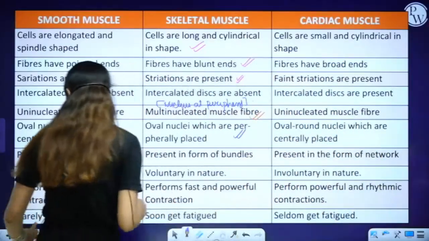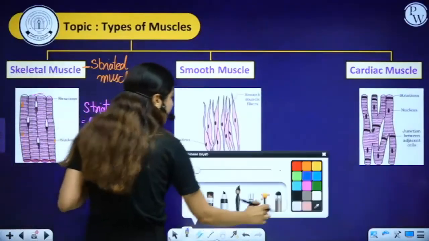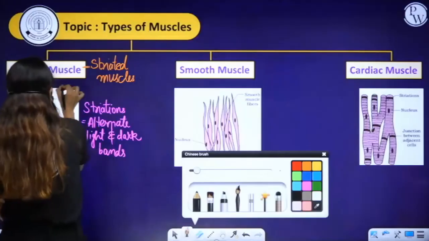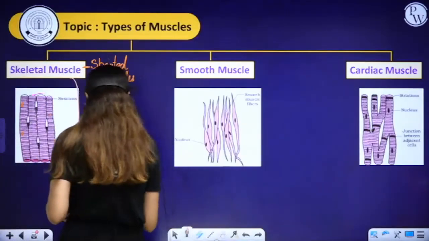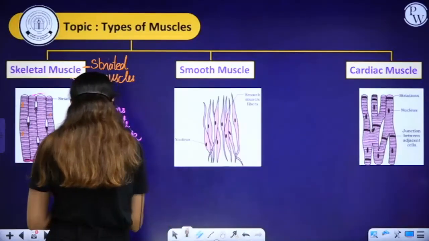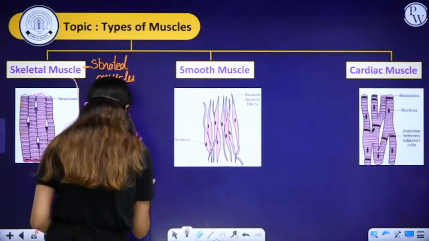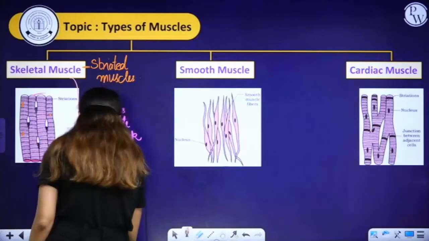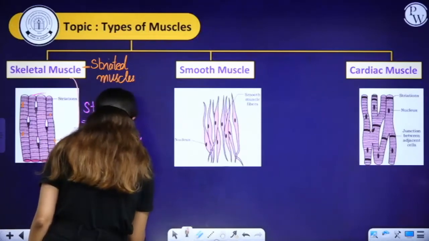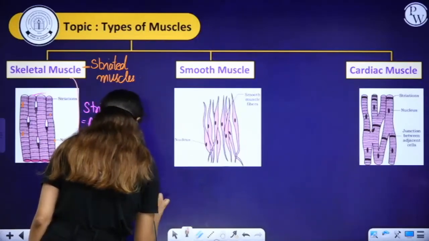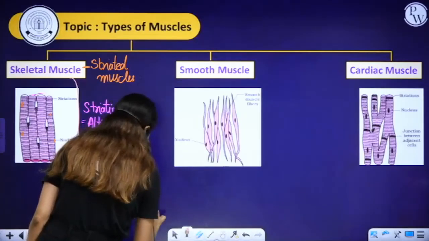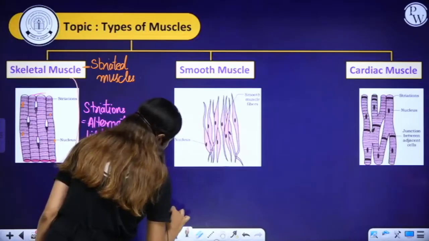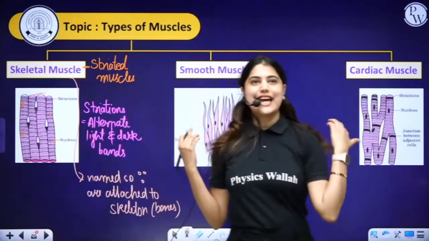So I can mention here, they are named so because they are attached to the skeleton of the body. That is, they are attached to the bones. Hence the name skeletal muscle.